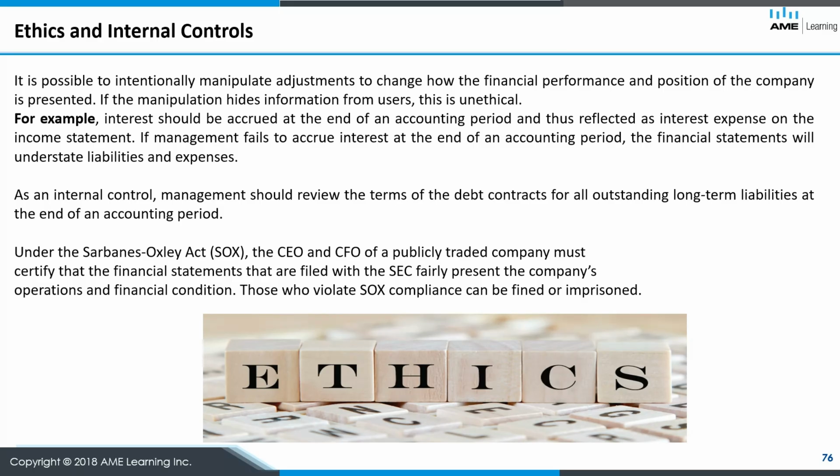We should be recording interest expense on our income statement. But if the company fails to record that interest expense, it's going to maybe make our net income look higher because our expenses are lower, and maybe that's favorable for a banker or some interested party to see. It makes us appear to be more financially successful.